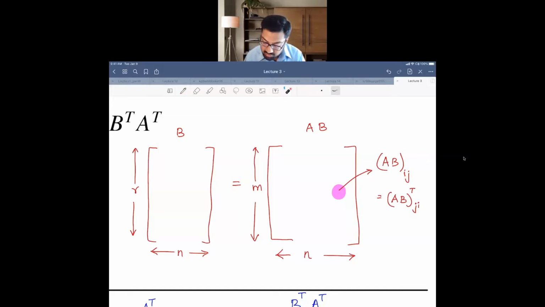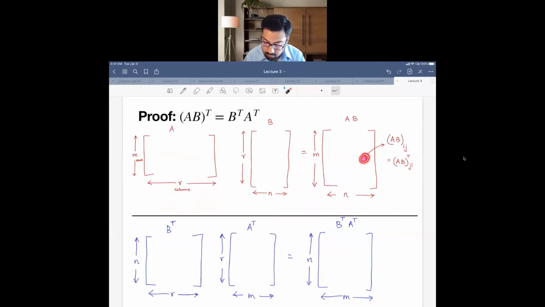Now, the question is, how do you get this element, AB, ij? Can I say that you get this element by doing a dot product of row i in this and column j in this?